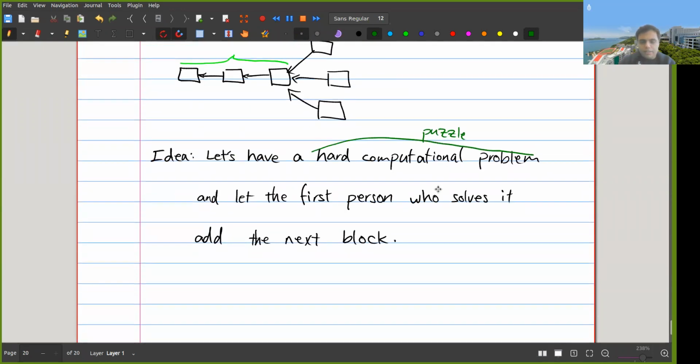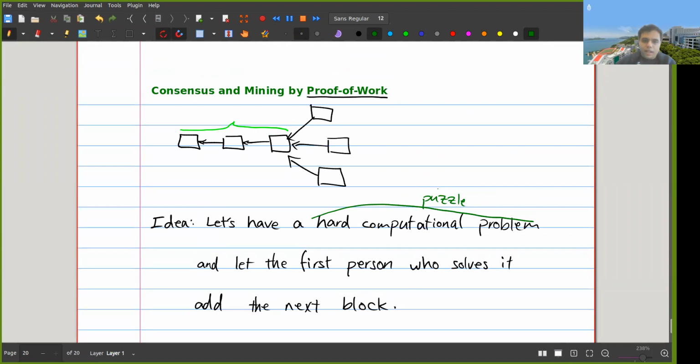And another word that I want to define before continuing is the word mining. So mining is just solving this puzzle. Whenever I talk about mining or proof of work mining, what I mean is the process of solving whatever hard computational problem we have to solve.